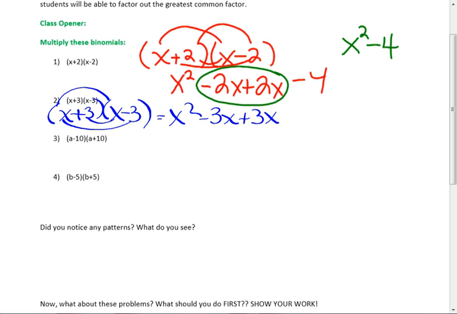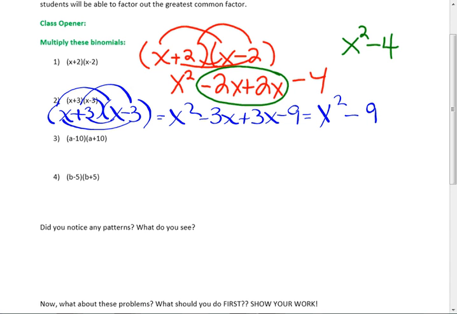And then I do the last. The last is always going to be negative. Positive 3 times a negative 3 is a negative 9. And if you simplify that, you get x squared. And the positive 3x and the negative 3x is always going to give you 0. So it's x squared minus 9.